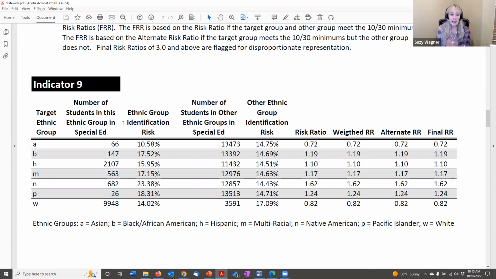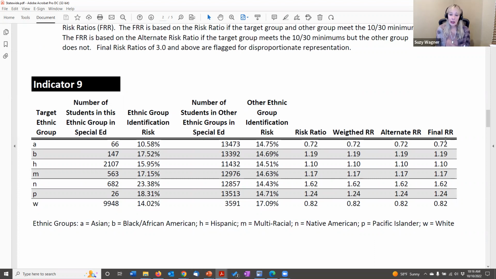If we compare this to non-Native Americans, which had a rate of 14.3%, that indicates that Native Americans were 1.62 times more likely to be identified for special education than non-Native Americans.